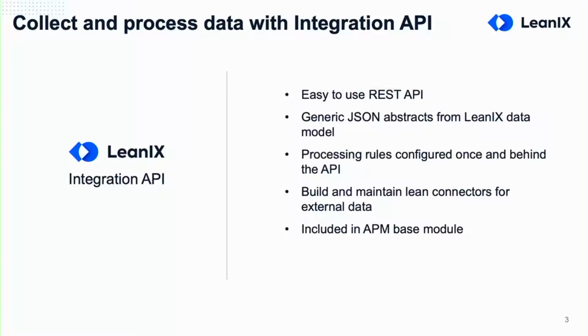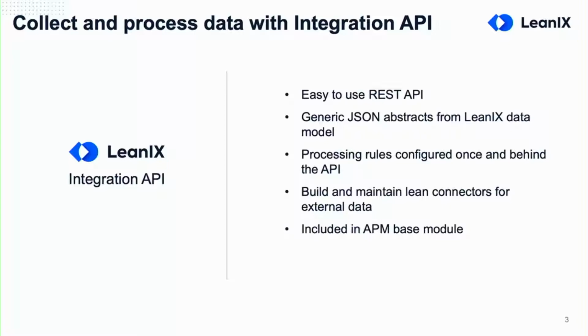Making data sending as simple as possible and removing all mapping from the connector makes the process of sending data to LeanIX the same every time. And that's very important because it reduces the need for logging, auditing, and other concerns you typically have to care about to a very minimum.